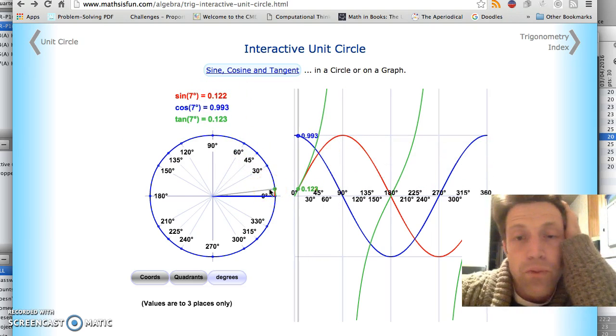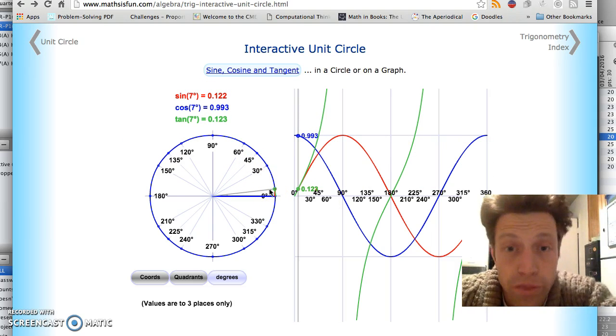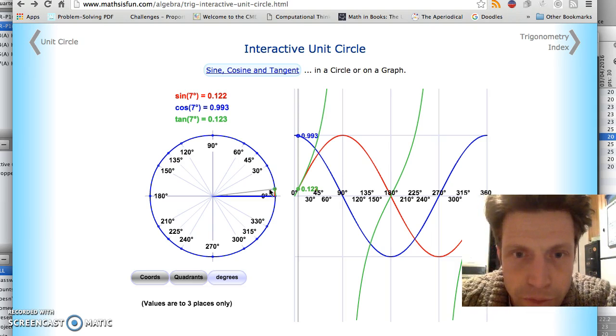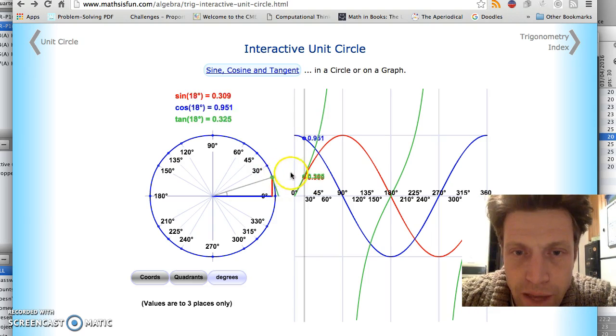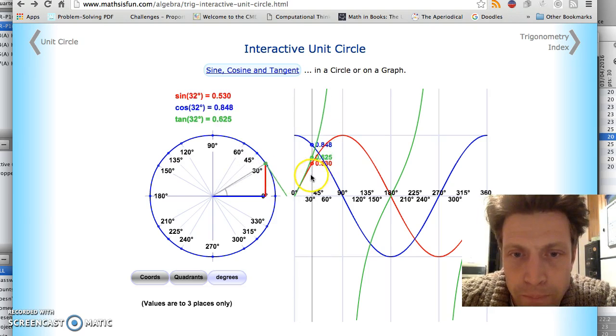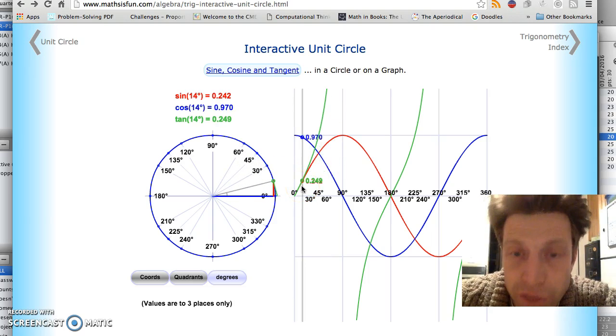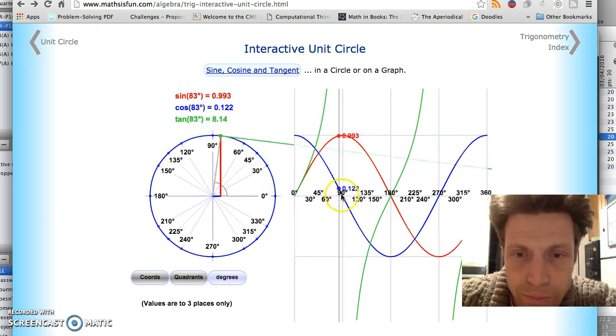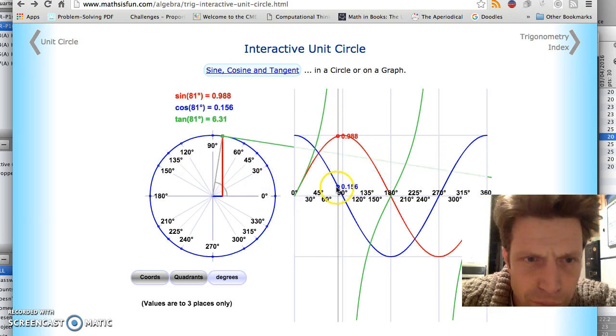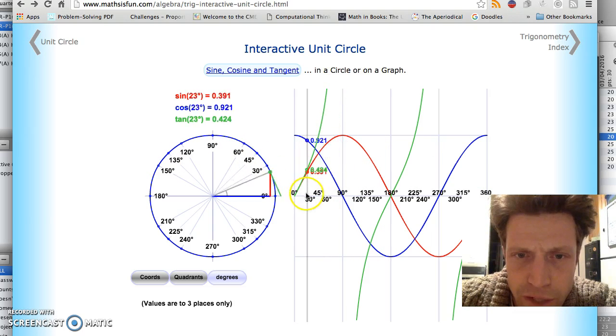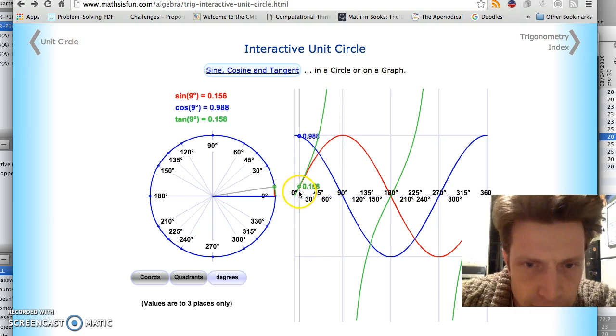Just to learn one thing at a time, I would show you this with just the sine if I had it, but I don't. So just block out the cosine, which is blue or black, and the tangent, which is green, and just focus on the red. That's the sine.